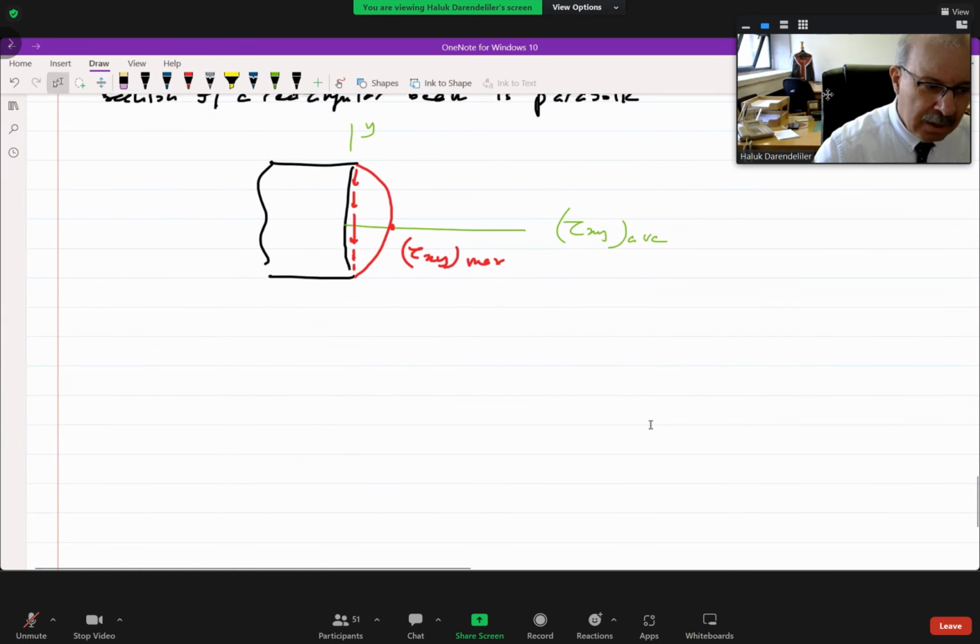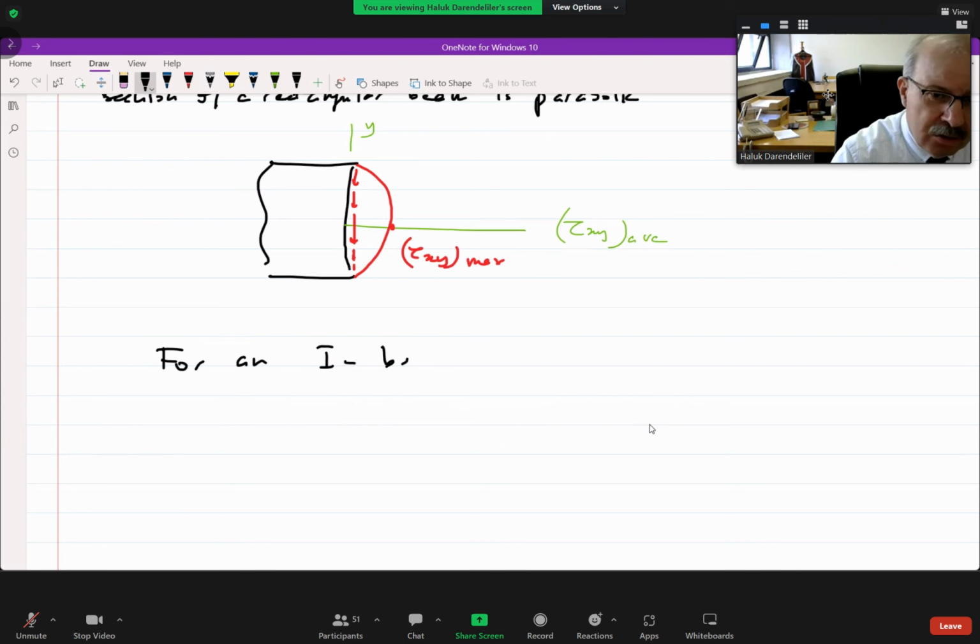Peki. Now, what about the I-beam? For the I-beam, although we have to use VQ over IT directly, there can be a simple approximation for the solution, because I-beams are frequently used in the structures which are used to construct beams.